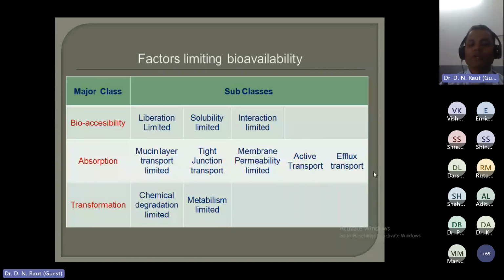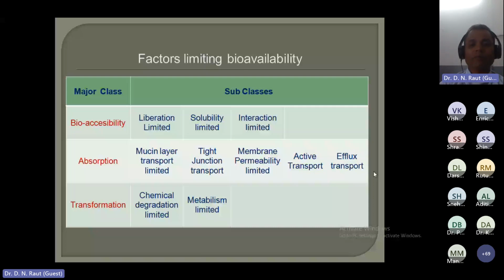In the case of biotransformation, the chemicals or components we require, which have some biological activity, could get degraded, due to chemical degradation as well as the regular fate of that particular drug in the body, in the liver or other parts of the body.